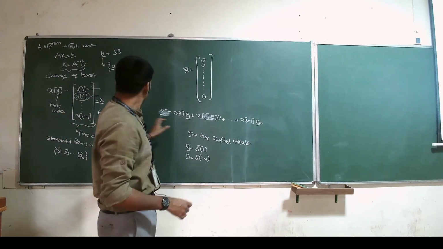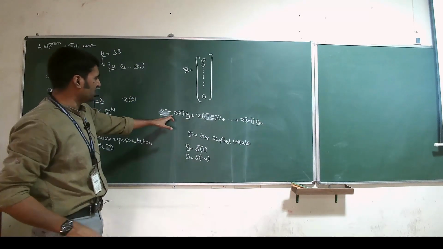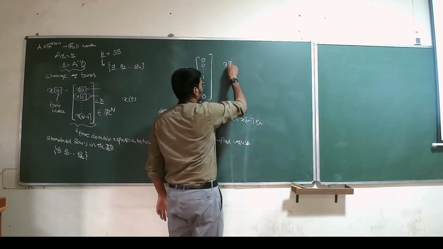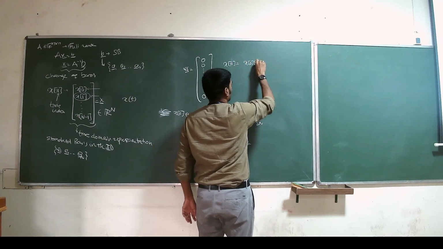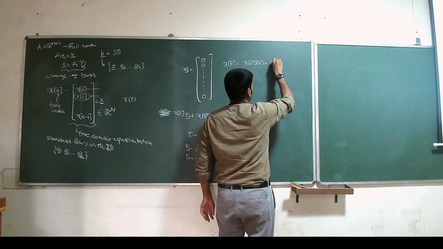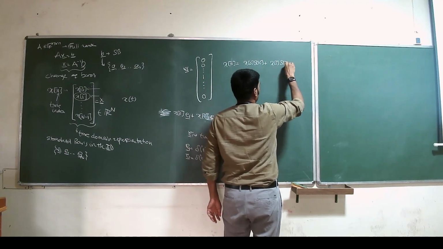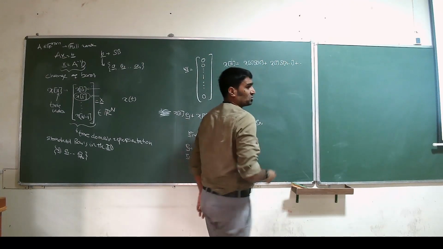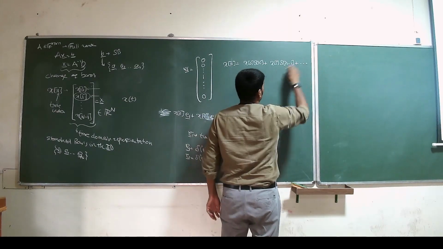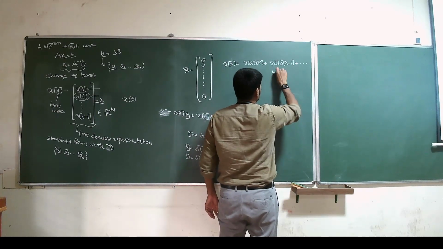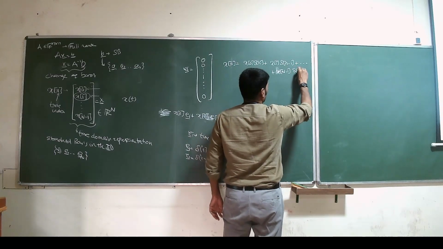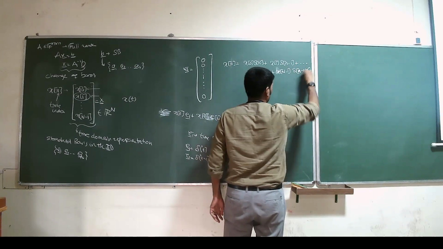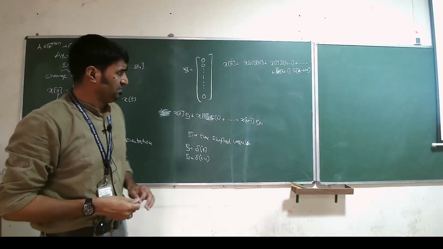Okay. In fact, another way to write your time domain signal is to write x of n as x of 0 delta of n plus x of 1 delta of n minus 1, and so on and so forth, thus x of capital N minus 1 delta of n minus n plus 1.